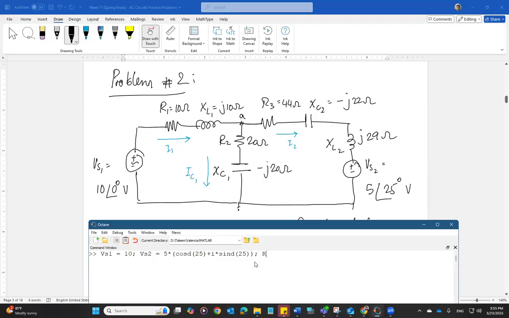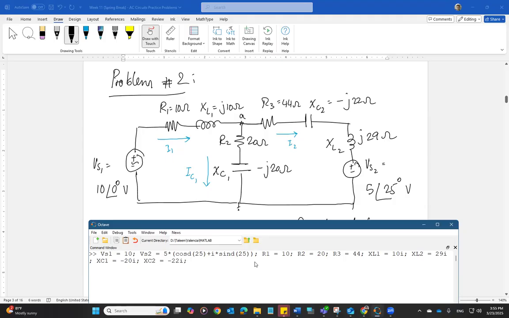And then I'm going to apply R1 is 10, R2 is 20, R3 is 44, XL1 is J10, XL2 is J29, XC1 is negative J20, and XC2 is negative 0.2I.